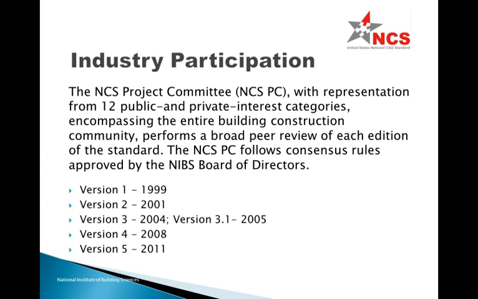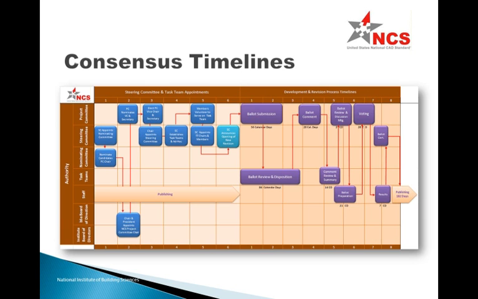The first version of the NCS was released in 1999, and the last version, which is version 5, was released in May of 2011, May of this year. So in terms of the overall consensus timeline, this process timeline gives you an overall idea of how long the whole process takes.